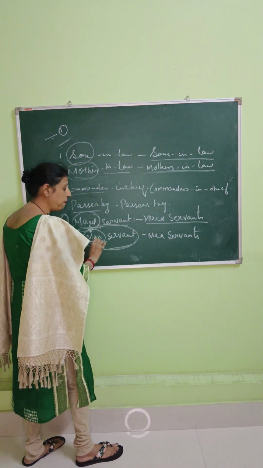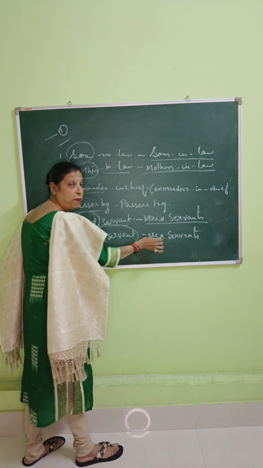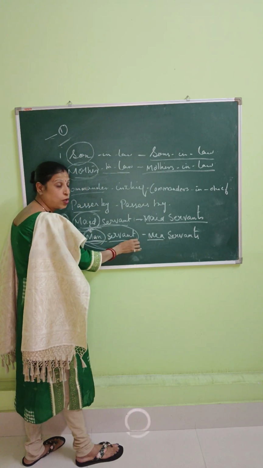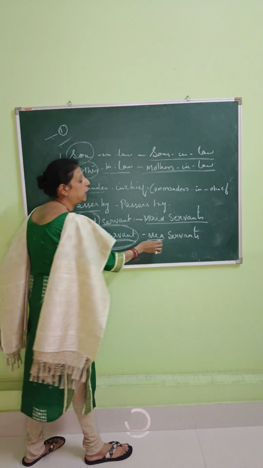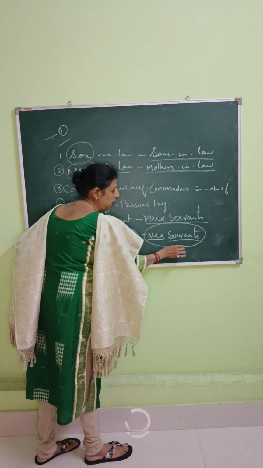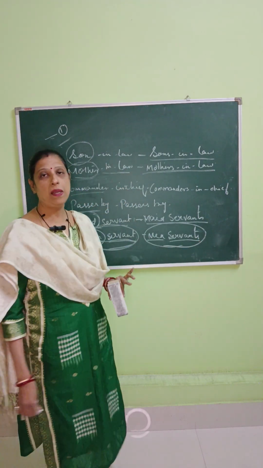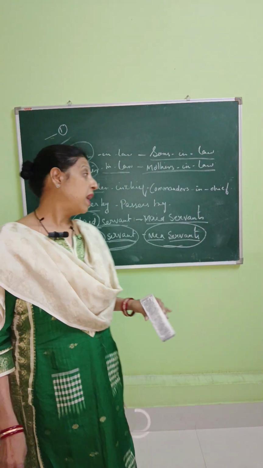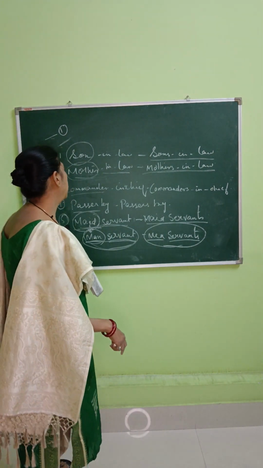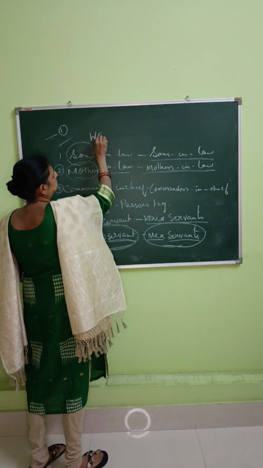So man will change to men, and to servant we are going to add s. It will be servants. So the whole word is changing and this becomes men servants. And then we have got another word called washerman.